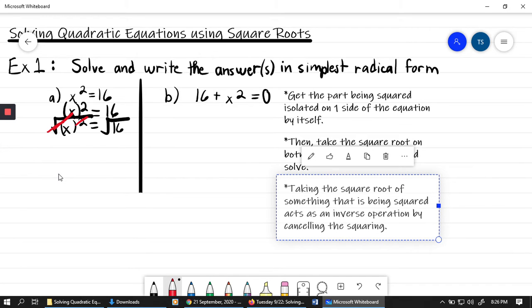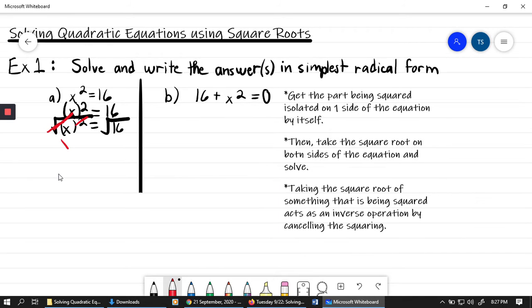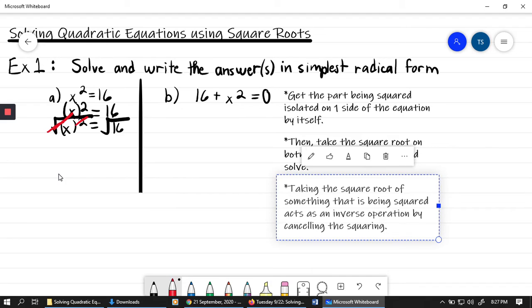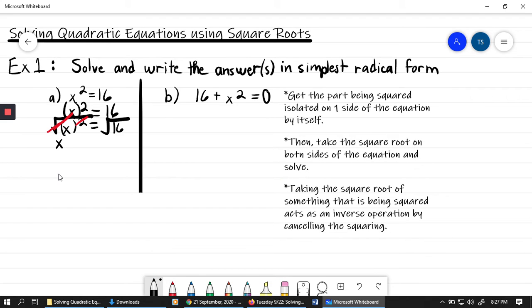Alright, so they've canceled out. Now we've got x left, and on the right side of the equal sign we still have the square root of 16. So in the last video, we made mention of the fact that when you are taking the square root of a number, there are usually two results, or two answers that we get.